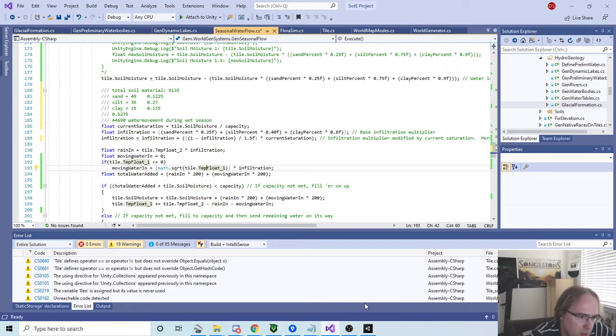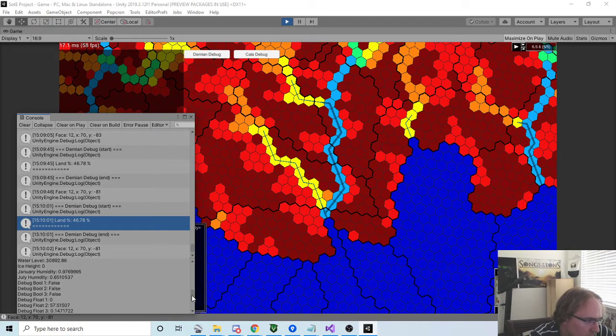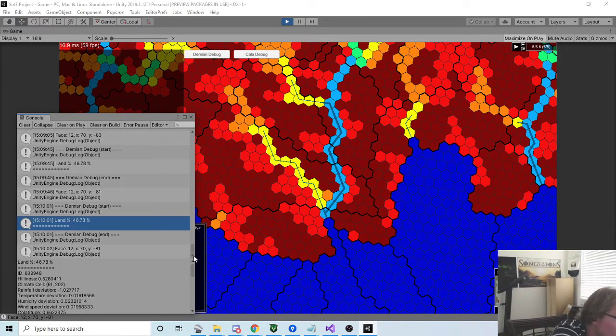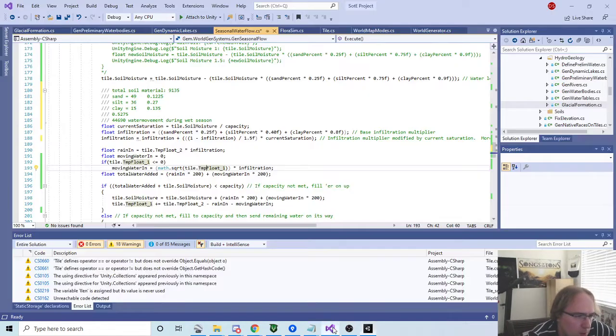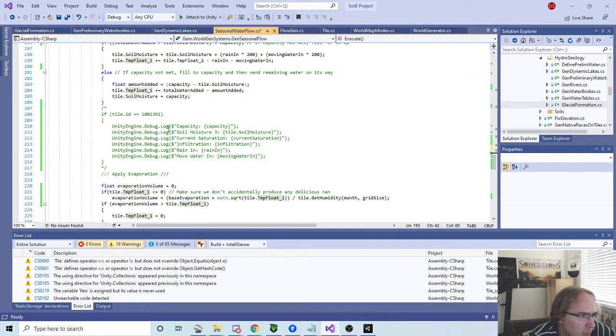Okay, so let's go ahead and log out this tile's values. What's the tile ID for this guy? 6, 3, 9, 9, 4, 8. So now what we'll do is we'll go back down here.